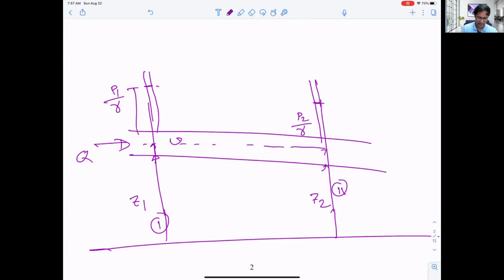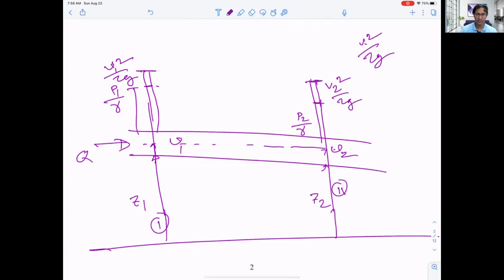Since water is flowing with a velocity v, and the velocity would be different, v2 we are considering, and v1 is here, then if we just calculate v square over twice g for this part and this part, we have to add some amount of energy here. So that will be v1 square over twice g, and here it will be v2 square over twice g, this amount.